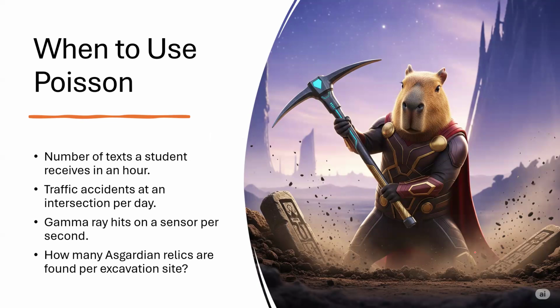For example, you might count how many texts a student receives per hour, or how often gamma ray bursts hit a detector. In the Marvel universe, it could be how many Asgardian relics are unearthed per excavation site. If we know the rate, Poisson lets us compute the chance of observing a particular count, whether that's 0, 1, or 10.